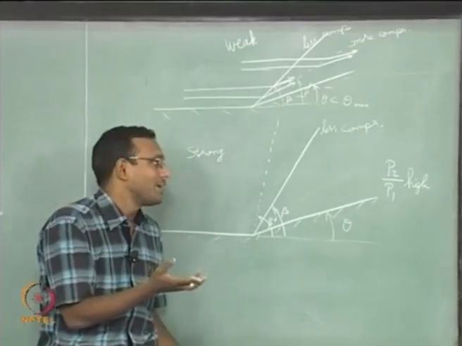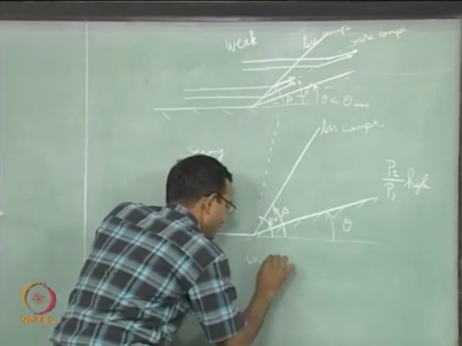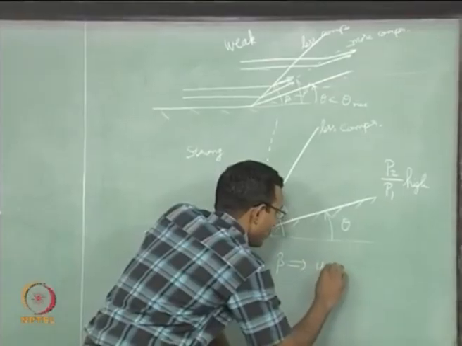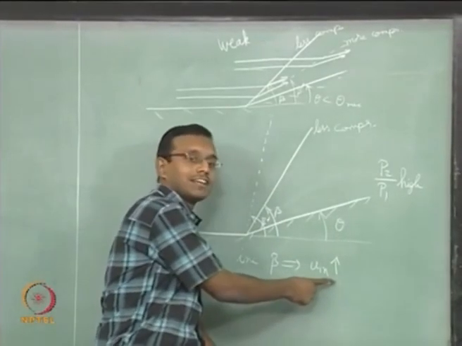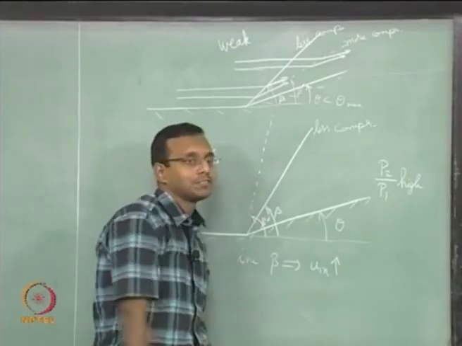Okay. So, I have to increase my beta, which will give me U1 normal increasing, which means I have now a lot of kinetic energy that I can process from the shock and produce the high pressure.